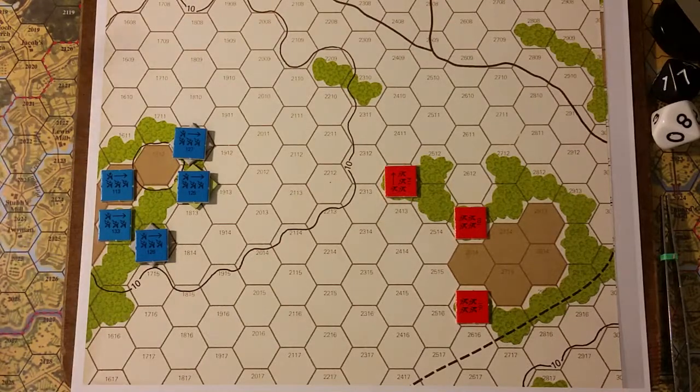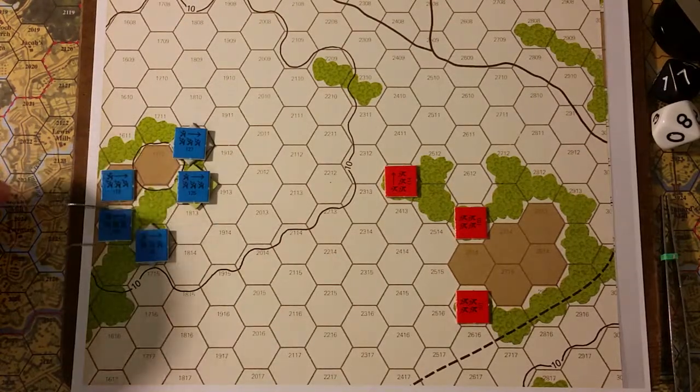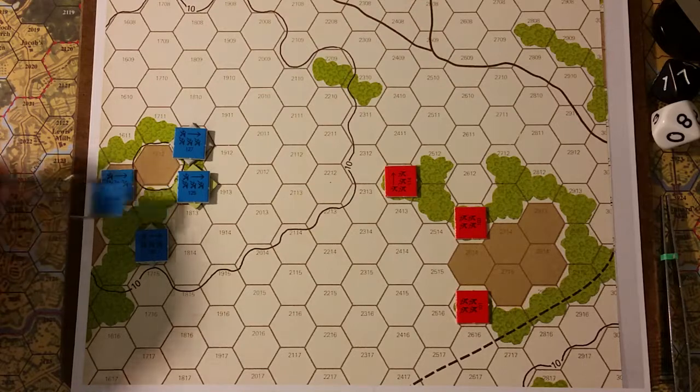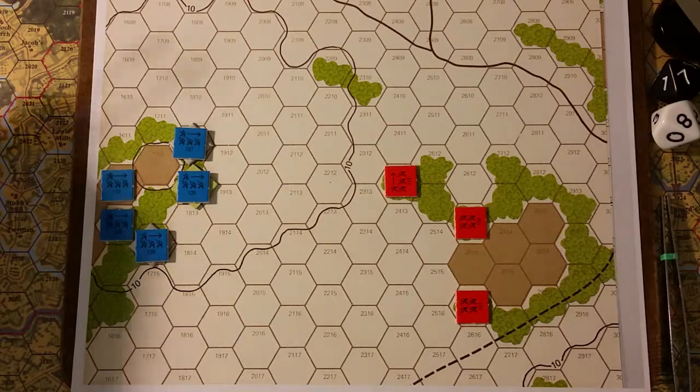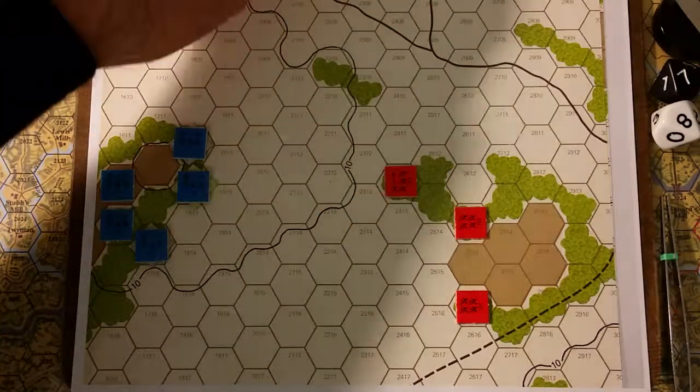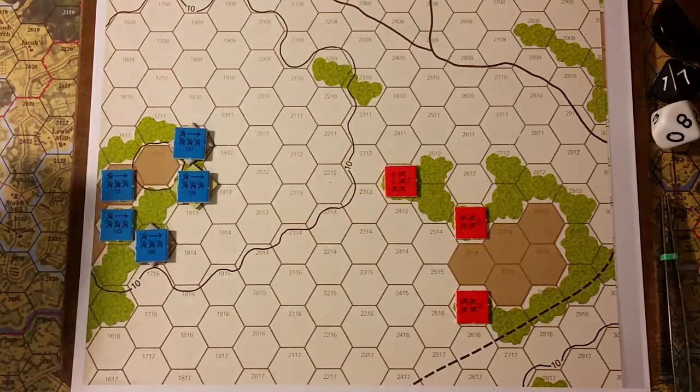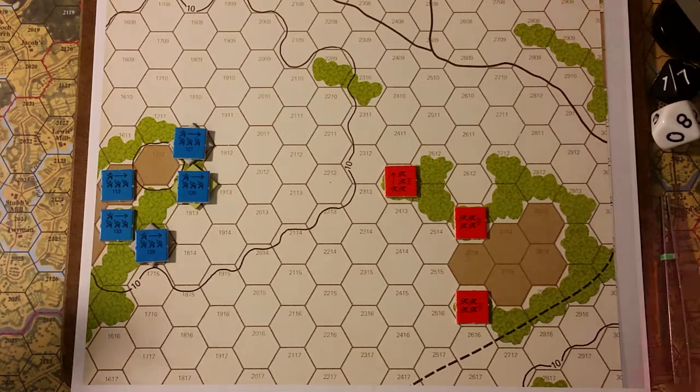Blue 4 player is going to actually move this unit. No, blue 4 player is going to pass. Ends the action period. So now we've ended the first action cycle, or the first minute of simulated time.